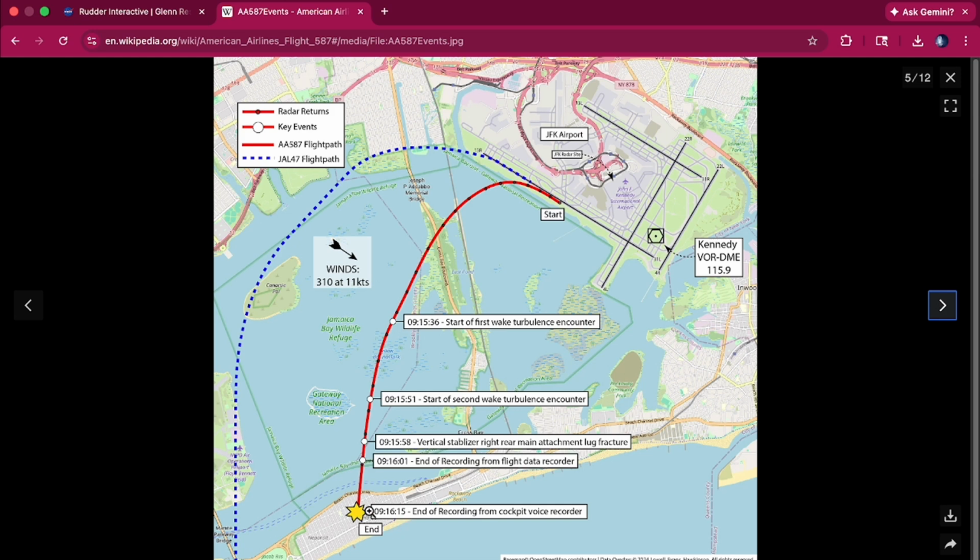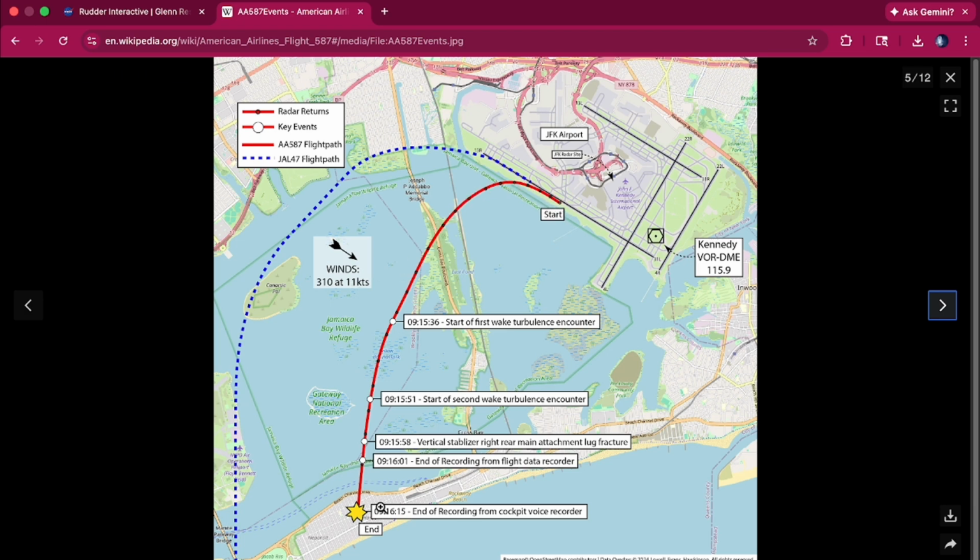You can see that the ATC recording started from here, and the turbulence happened around here. The winds were at 11 knots. While this was going on, this is the crash point. This is the start point, and this is where the planes were kind of doing it.